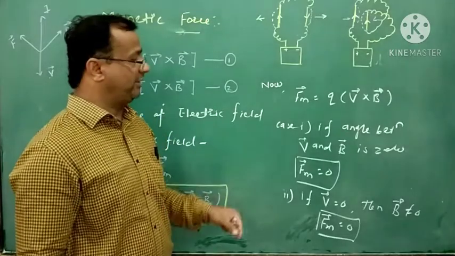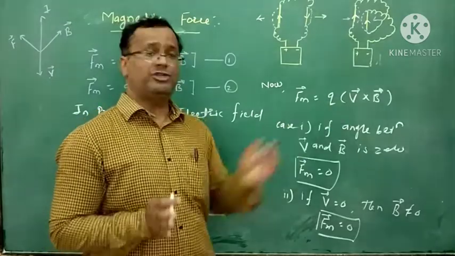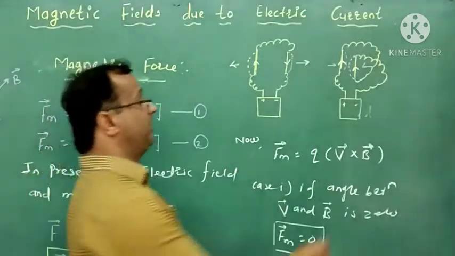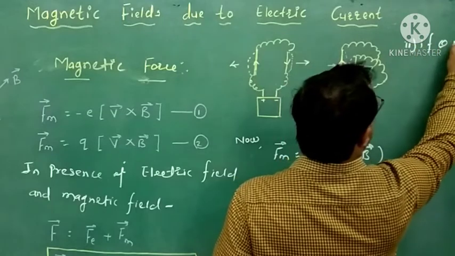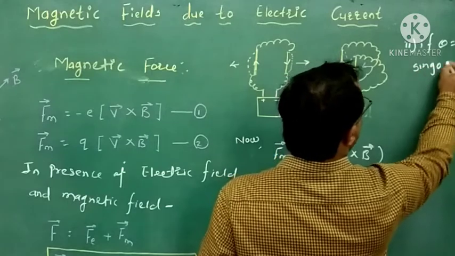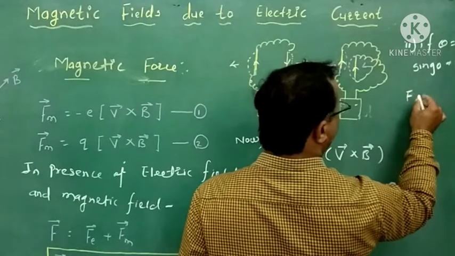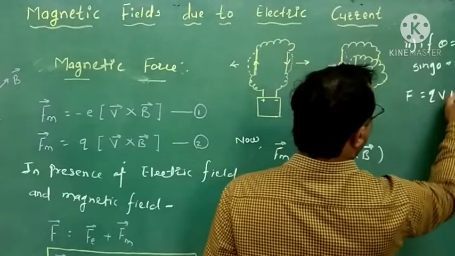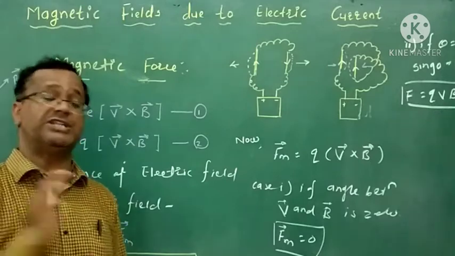Right? And now the third case, suppose that we consider the direction of magnetic field and the direction of velocity, right? In between them the angle is 90 degrees. Now the third case, if the value of theta is equal to 90 degrees, then sine 90 is equal to 1. Then what happens? At that time, the maximum force acts on that charged particle, that is Q into V into B. So this is the maximum force acting on the charged particle.